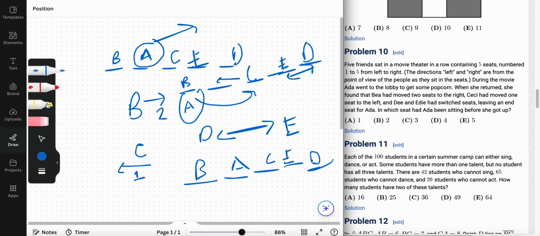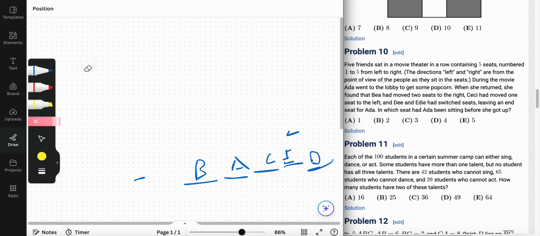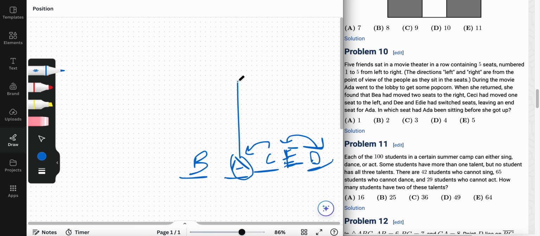Okay, I'll just erase all of this to provide more clarity. So if these are the seats before, these 2 switch. This one moves 1 here, because this seat is gone. And then this one moves here.